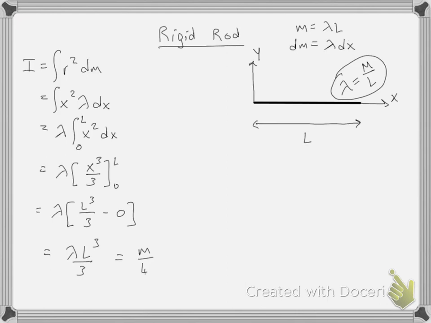Lambda is the total mass divided by the total length times our L squared over 3. And we can rewrite that like such. One factor of L cancels out, and we have mL squared over 3. And this is our expression for the moment of inertia of a rigid rod.